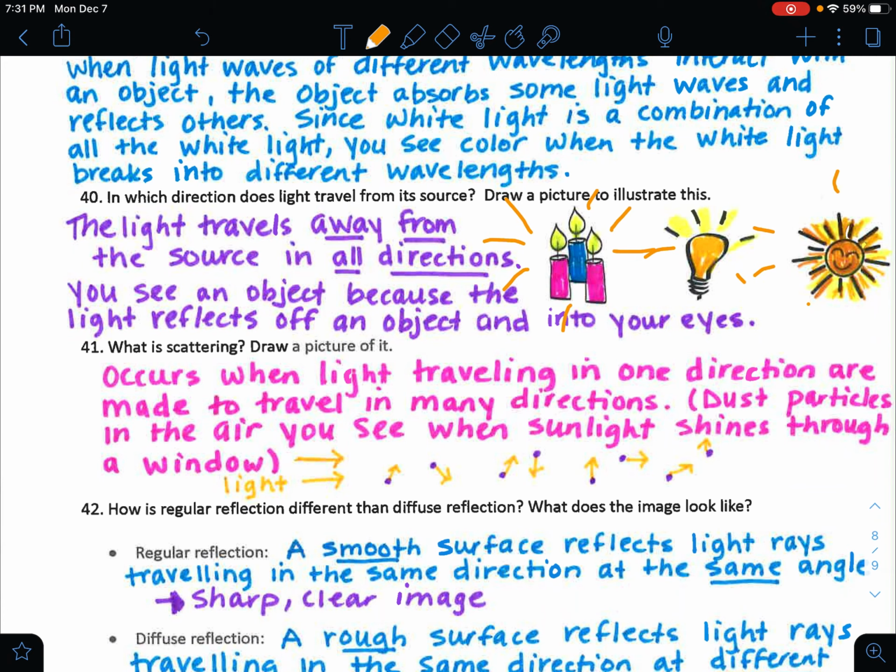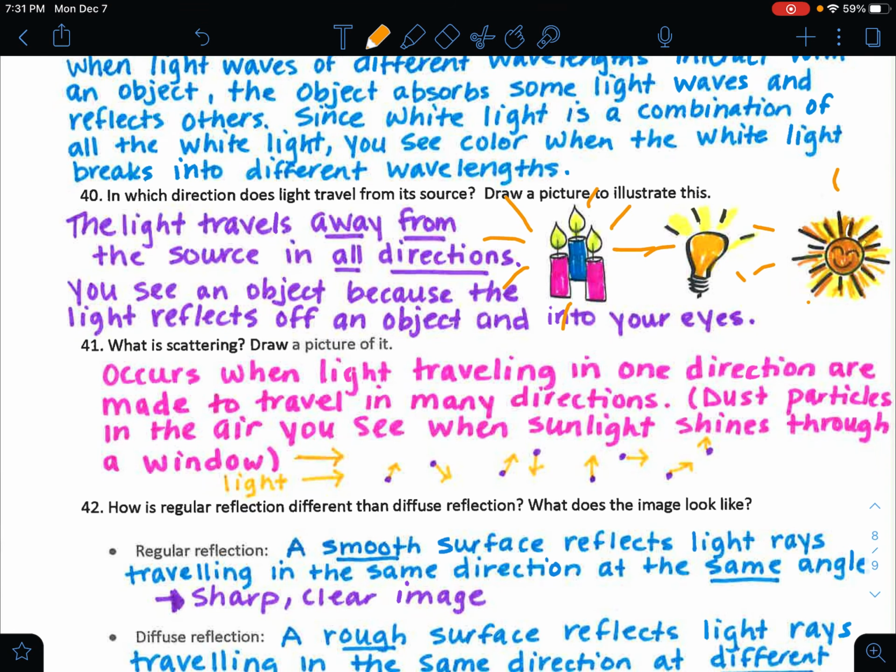Okay, so what is scattering? Draw a picture of it. So this is when light traveling in one direction is made to travel in many different directions. These are dust particles in the air you see when sunlight shines through a window. So light wants to travel in a straight line. It always wants to travel in a straight line until something gets in its way. And in this case, it's dust particles that are in the air, and it will just bounce off, because here comes your light.